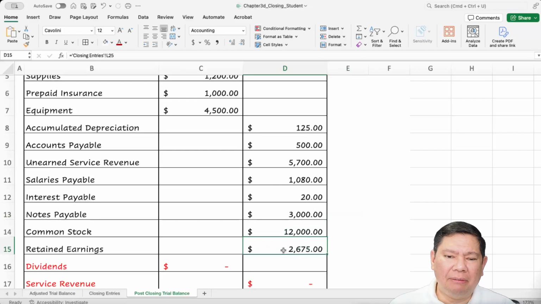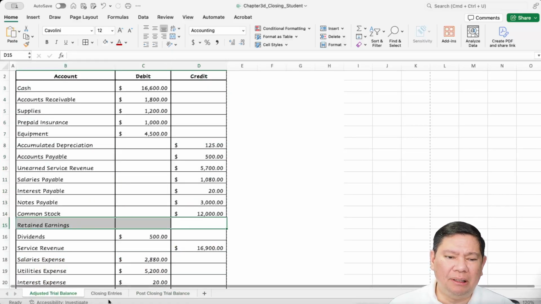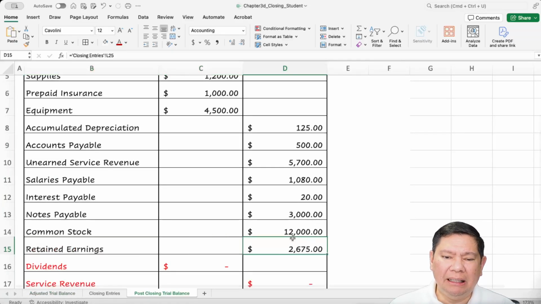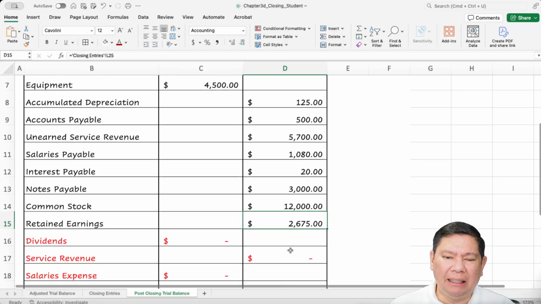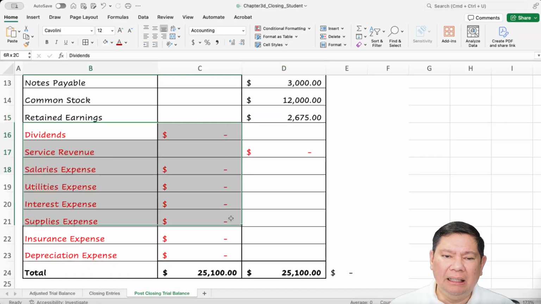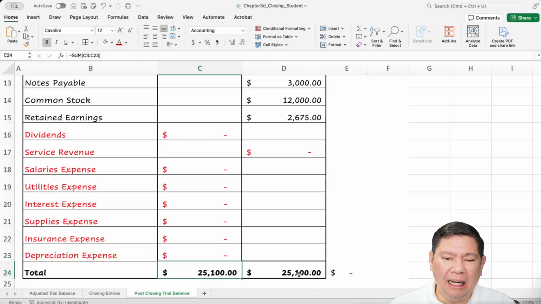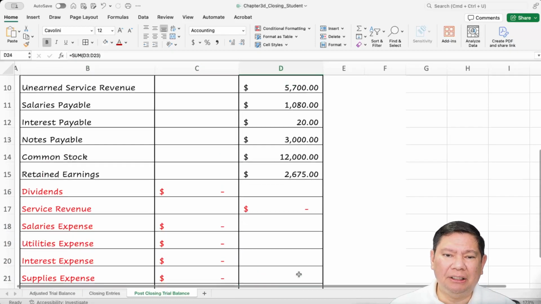Okay, now we have an amount for retained earnings. Remember, we didn't have that before. Now we have this 2,675 retained earnings. And if you look, all the temporary accounts are now zero. We have a balance on the debit side and credit side, so that's good.